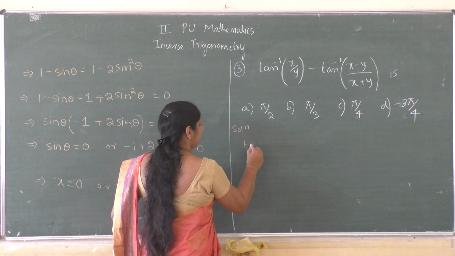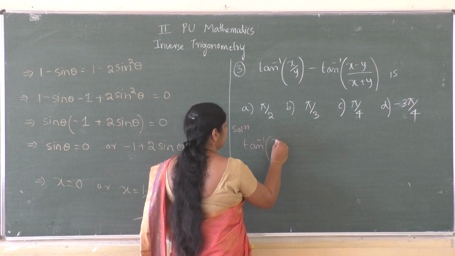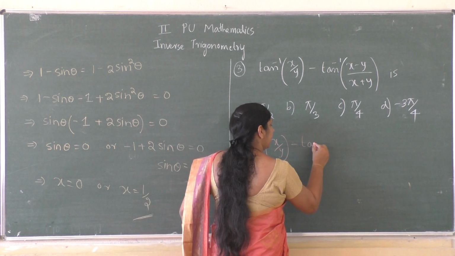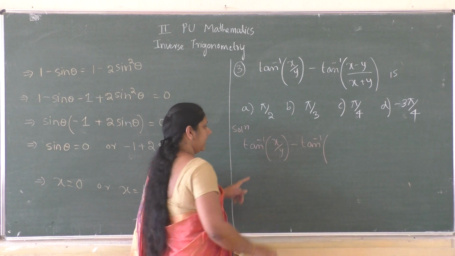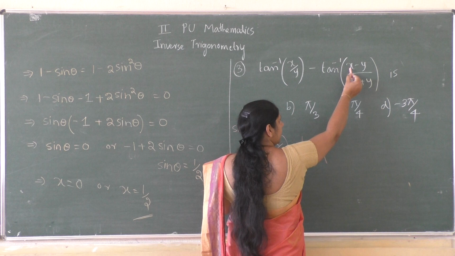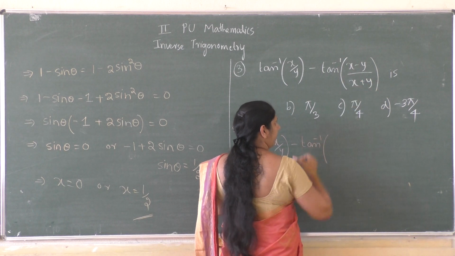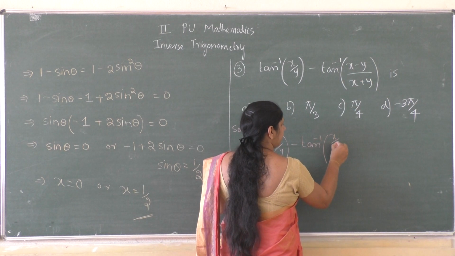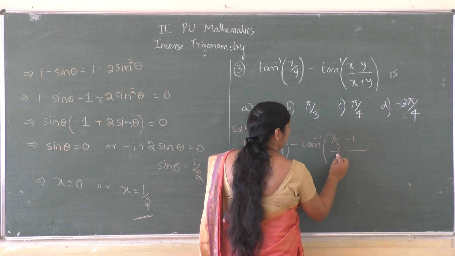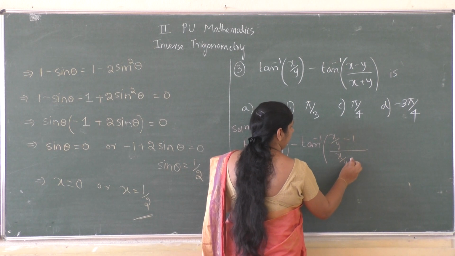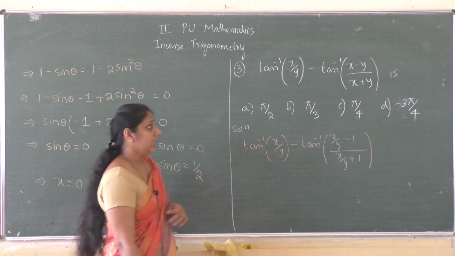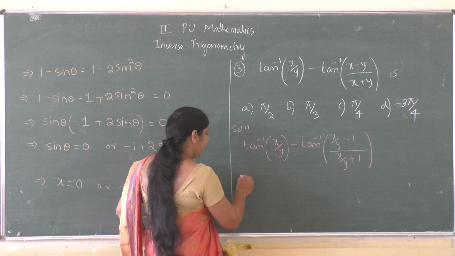So I will consider the given term, that is tan inverse of x by y minus, see here, since I have the term x by y in the first term, here I will divide throughout by y in the second term. So it becomes x by y minus 1 divided by x by y plus 1, right? Now we will rearrange this.